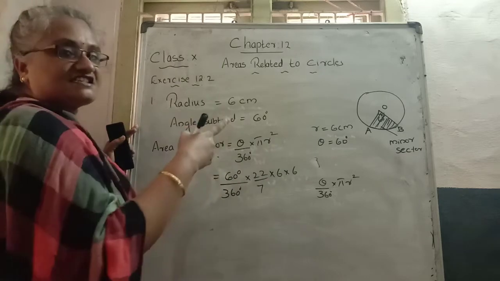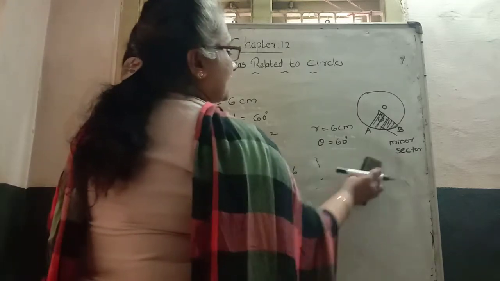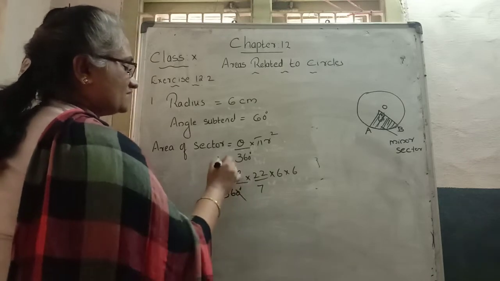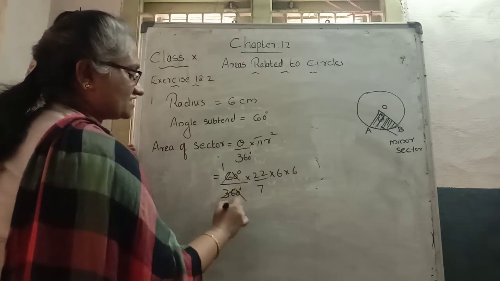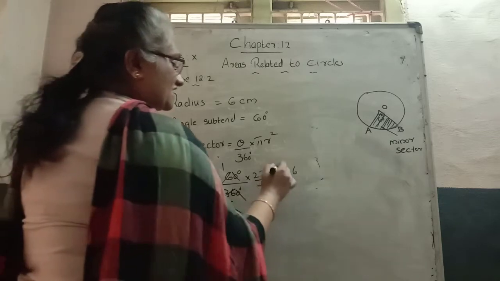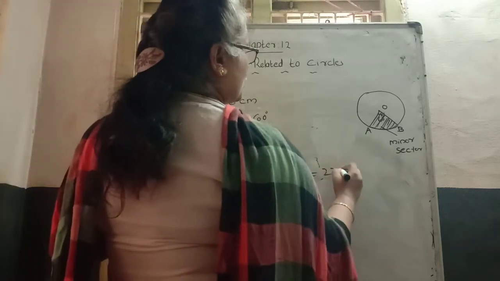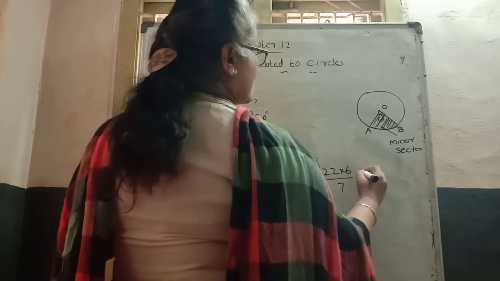Then the zeros cancel. 6 times 6 is 36, and 6 and 36 can be cancelled. The remaining part becomes 22 into 6 divided by 7.